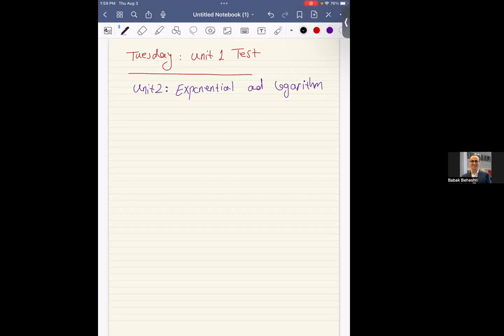So what do I mean by exponential functions? A function is exponential. Let's say a is a positive number. So f of x equal to a to the power x is called the exponential function.